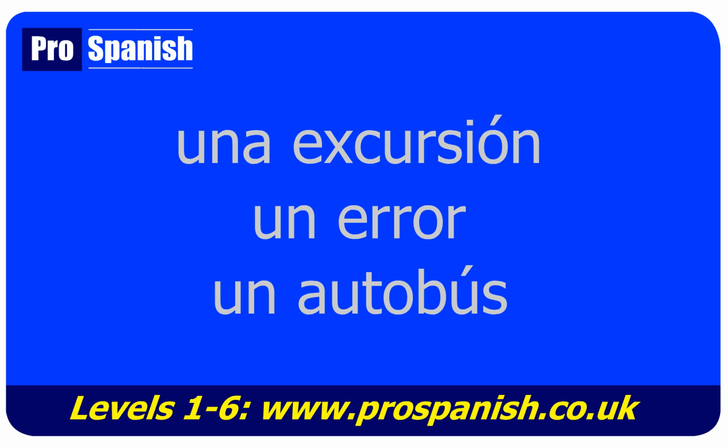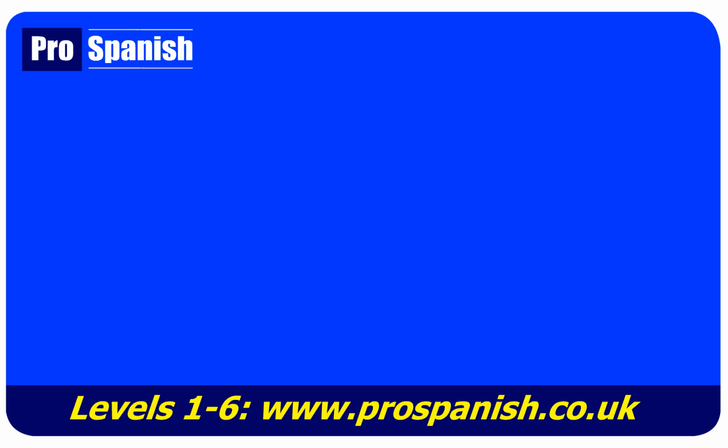Un autobús, a bus. Okay, and other modes of transport are easy to use as well. Un tren, un taxi, etc. Okay, so una excursión, a trip. Un error, a mistake. Un autobús, a bus.